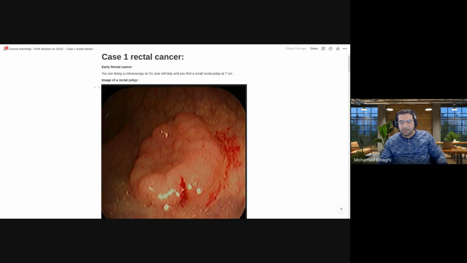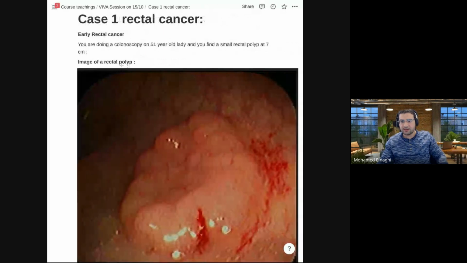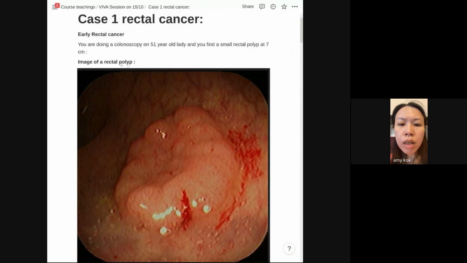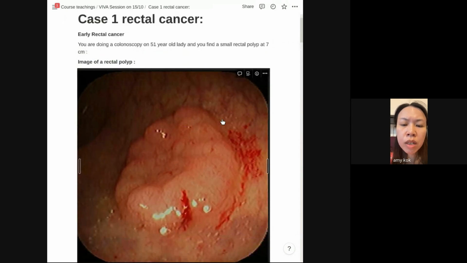Okay, so this is the image that you see during colonoscopy. So how are you going to approach this case? Let me describe the imaging first. It is a tumor, as described, 7 cm from the anal verge, 1 cm. I can see it's quite fixed, the mucosa is a bit irregular, and there is also a deep central ulceration.